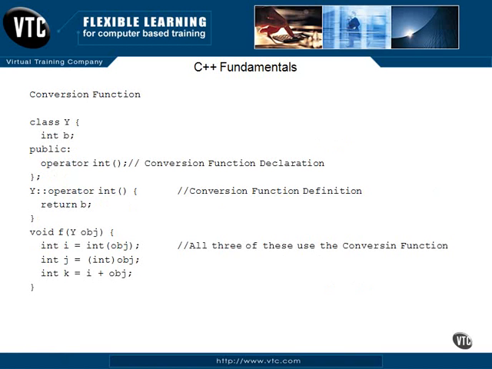Now let's take a look at a conversion function. So here we have an actual conversion function that is put into the class, which is created to perform specific conversion. This one is going to convert from our object to an integer. So here we have the class Y, and here is the definition of operator.